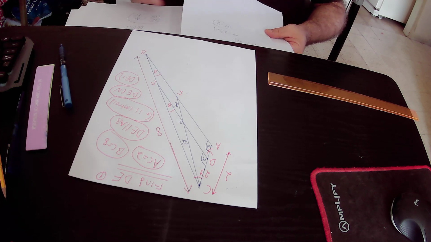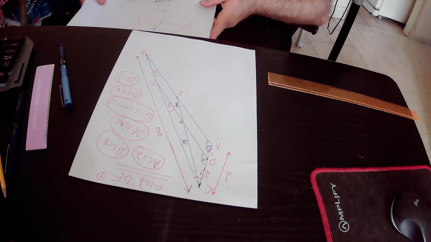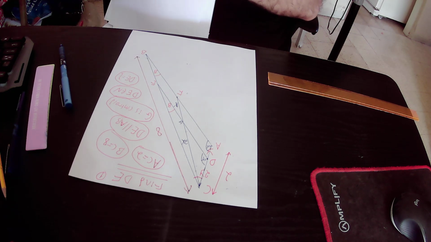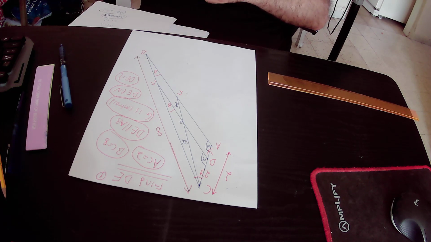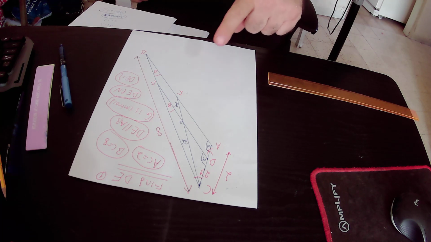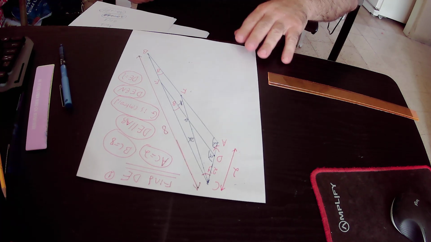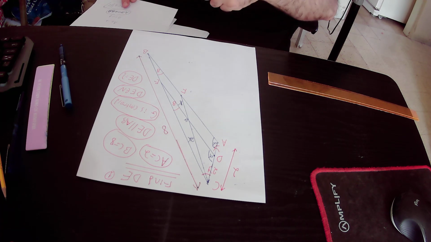So what is the centroid? The centroid is the point where the three medians of the triangle intersect each other. And we have a rule that relates to a median of a triangle.